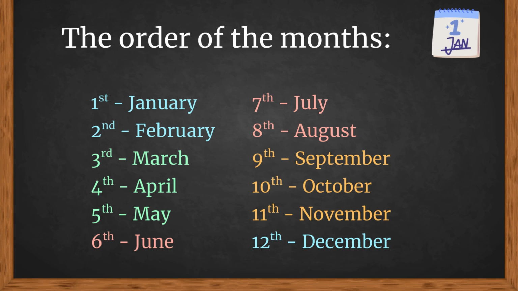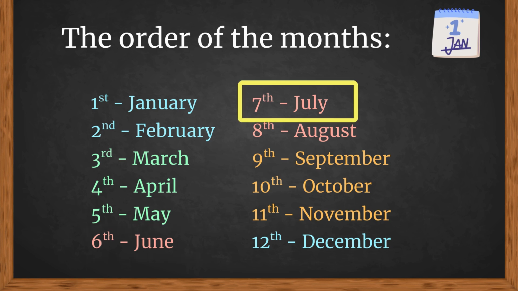January is the first month. Listen and repeat the order of the months. First, January. Second, February. Third, March. Fourth, April. Fifth, May. Sixth, June.